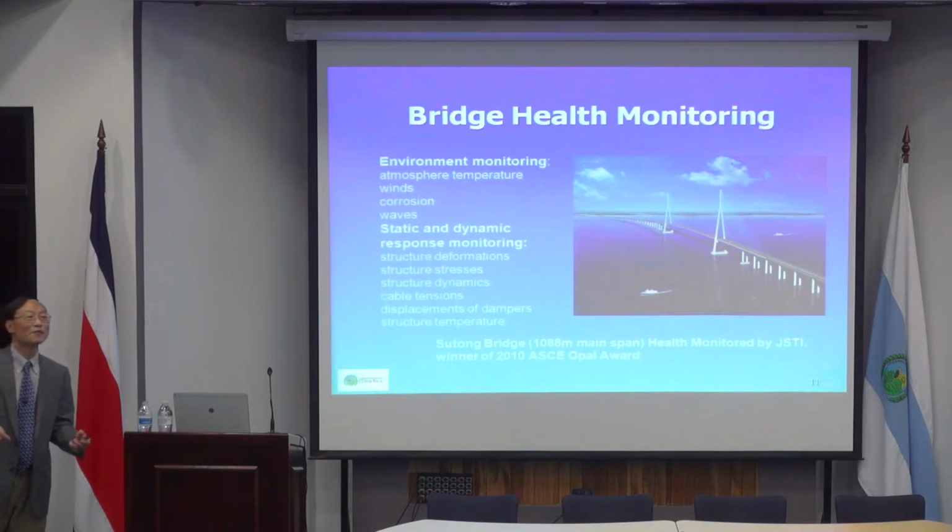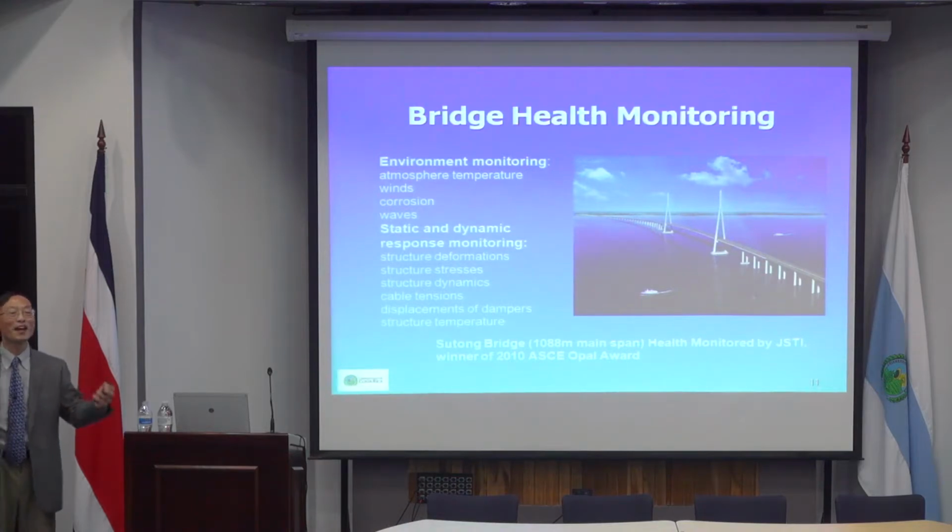So if the structure has no changes, this vibration frequency should not change. Every day should be the same. And if, for example, one day you have a big crack in a girder, then all of a sudden the stiffness is reduced. Of course, you may measure the deflection a little bit, but the frequency is suddenly reduced.